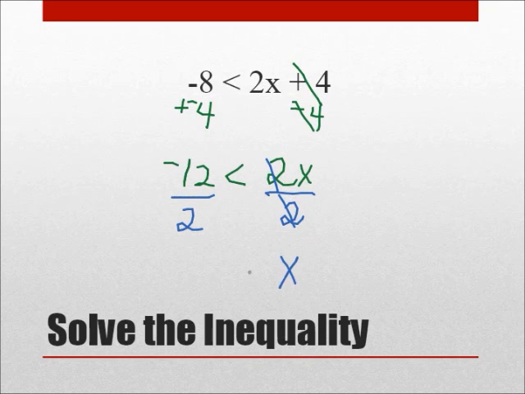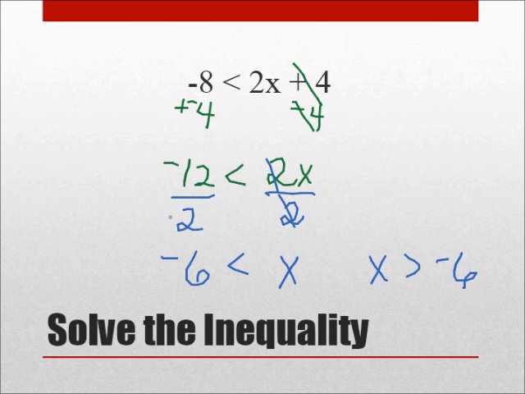You're left with x over here is greater than negative 6 over here. So negative 6 is less than x, or x is greater than negative 6. You could write it like that as well. Remember, if you switch these around, you got to switch that sign around. You've got to read it frontwards or backwards.